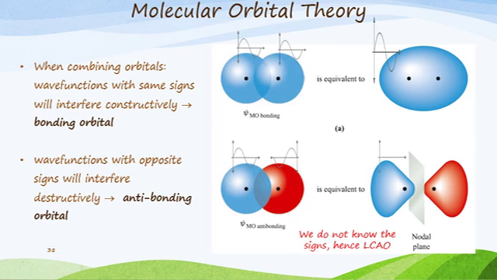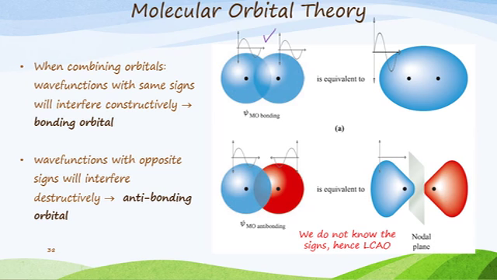So let's have a look at the picture on the right-hand side of the slide. Let's have a look at this one at the top here. You will see you've got two orbitals. Both of them are s orbitals because they're spherical in nature, and you'll see that they both have a wave function. There are two wave functions above each of the orbitals.